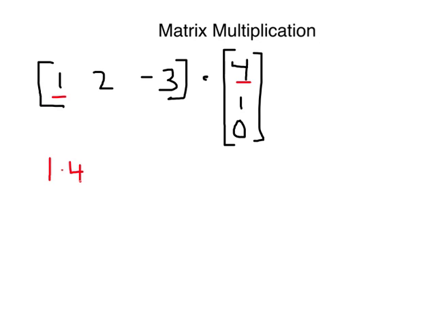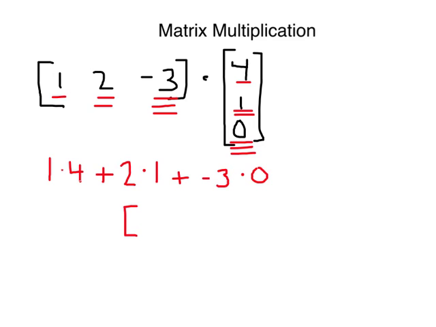And then we move on to the next position and we add the next position. So this 2 is in my second position and this 1 is in my second position. So we will have 2 times 1. And then the negative 3 is in my third position and the 0 is in my third position. So we will add corresponding positions. That would be negative 3 times 0.